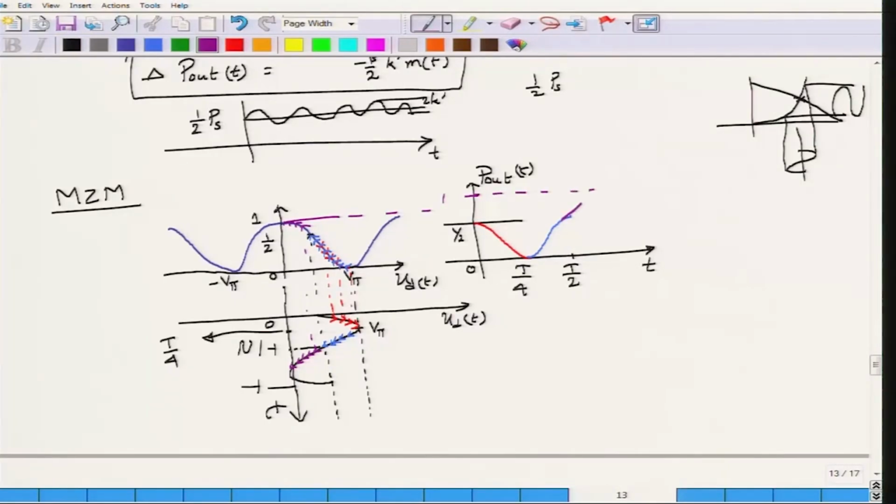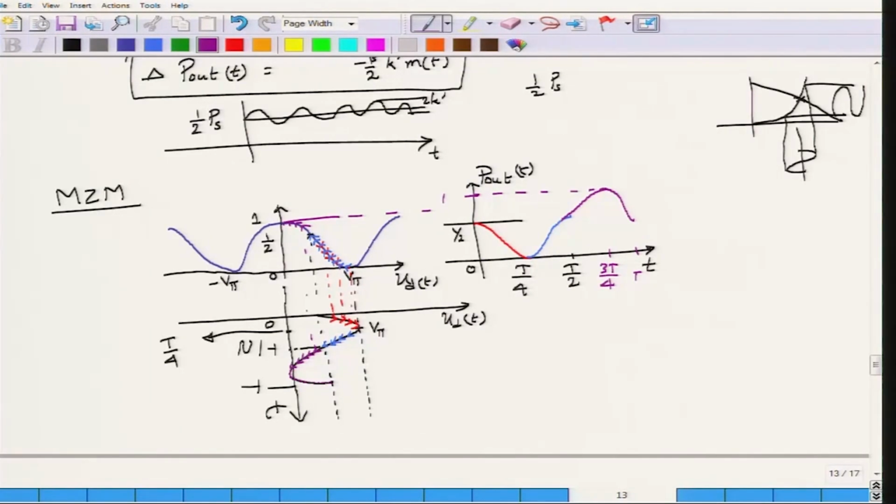So, it would have gone to this portion, and then once the drive signal comes back from 0 and again rises back to V pi by 2 at time T, this was happening at 3T by 4, and then finally when you come down to T, the output voltage would have come back here. Okay. This is how you can use the Mach Zehnder modulator to plot the output.